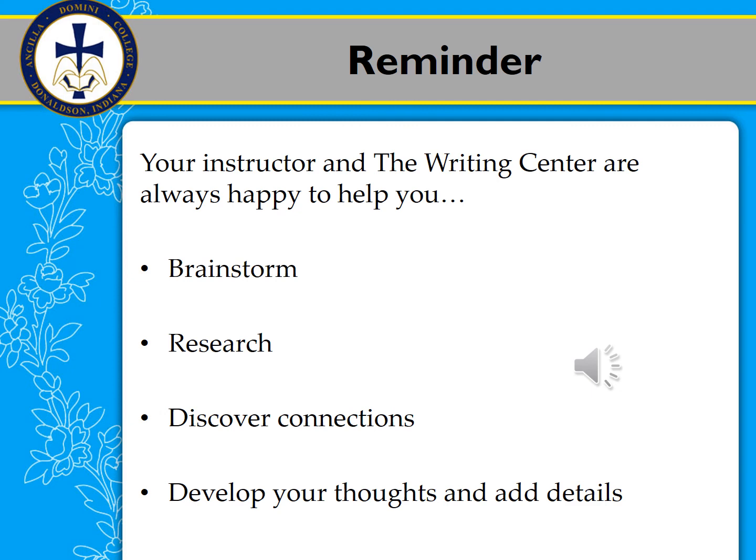We're glad to help you brainstorm or get your research started, or when you get stuck, or you've got some research but you need more, or when you're trying to find that perfect piece of research and you know it's out there but you're not sure how to find it. We're here to help you discover connections and develop your thoughts every step of the way throughout this research paper.